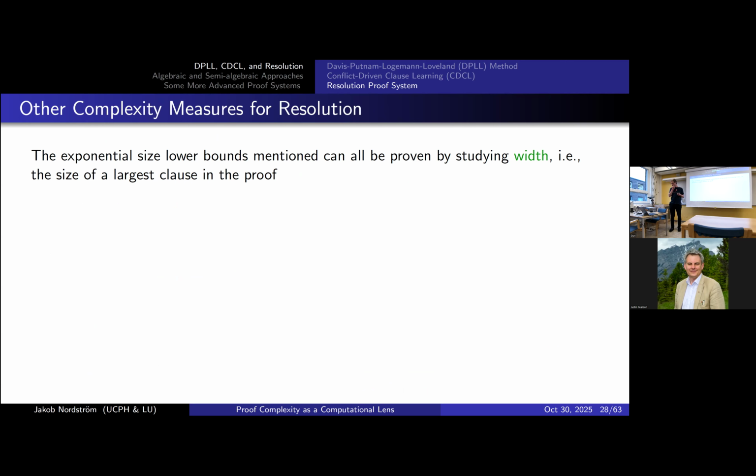Except I want to have one final comment: how do we prove these lower bounds? Well, if you want to do it in the most efficient and general way possible, then in fact you should not look at the number of clauses in a proof. You should not look at the size of a proof. You should look at the width, which is the size of clauses in the proof.